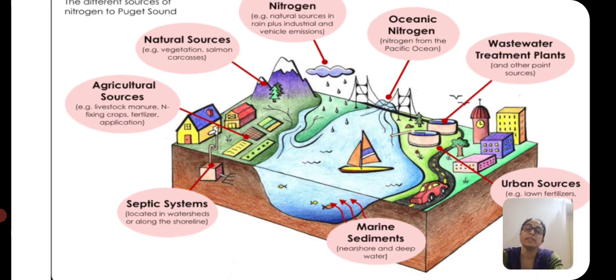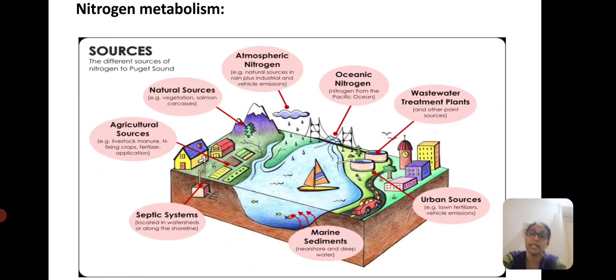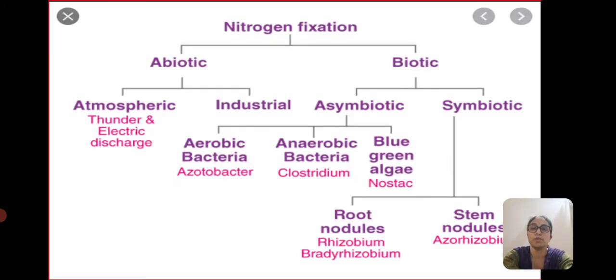Likewise, the nitrogen sources are broadly classified into inorganic and organic nitrogen sources. These are the organic nitrogen sources. Inorganic nitrogen sources are some of these. And also we discussed how atmospheric nitrogen will be always helpful in the conversion into usable nitrogen forms.